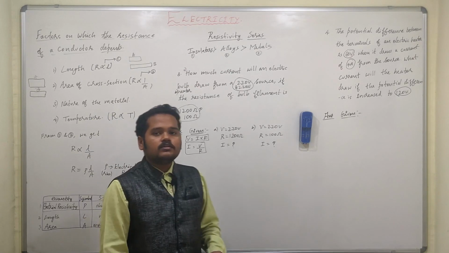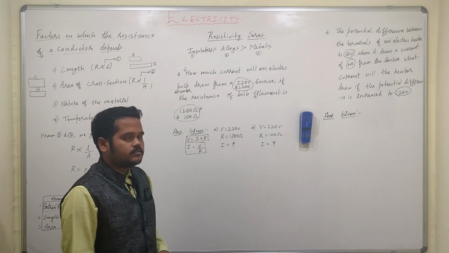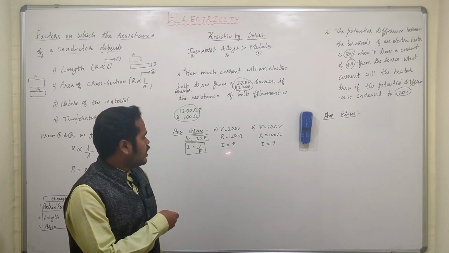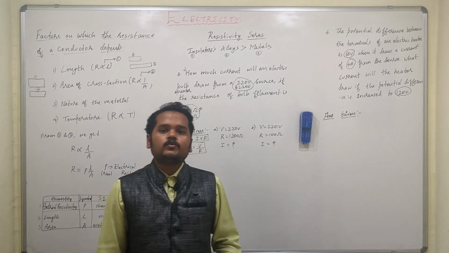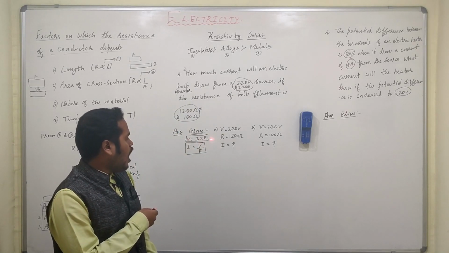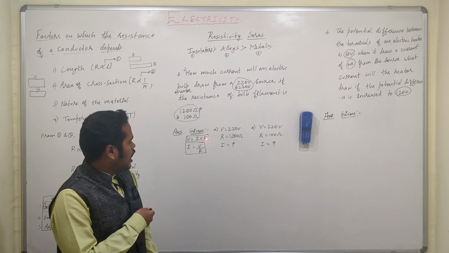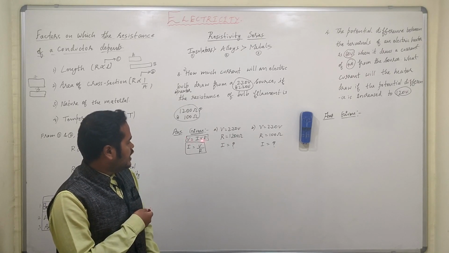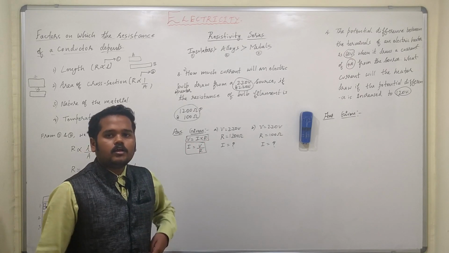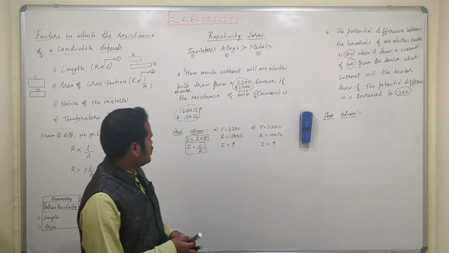So we have to find out I, current, in both the cases. Here we have V and R, and we have to find I. Which formula do we use? We use the formula from Ohm's law, V is equal to I into R. We have to find I, so R goes towards the left hand side. Into becomes division. So we have I is equal to V by R. Using this formula, we will now solve the problem.